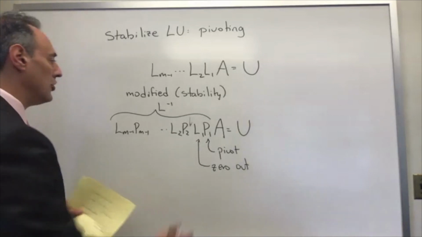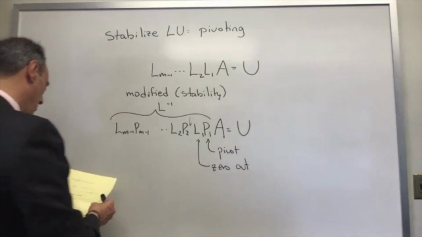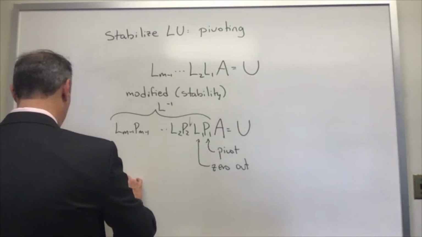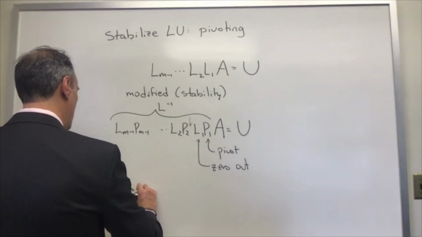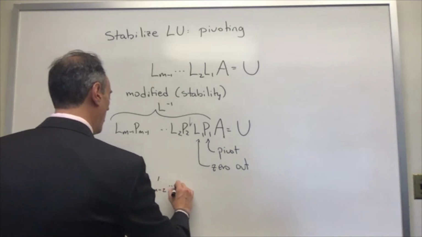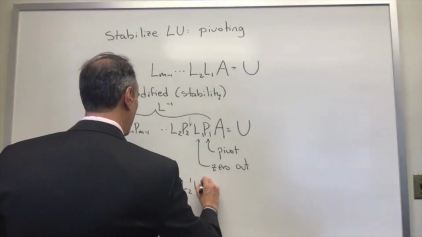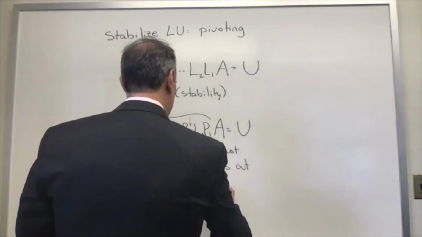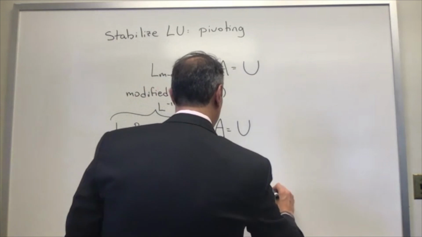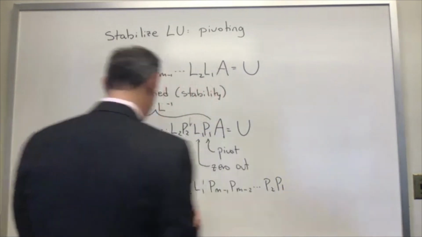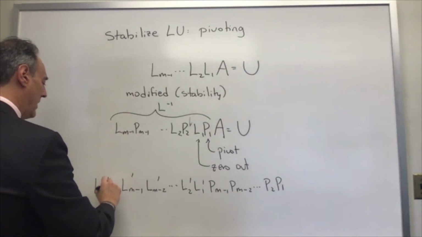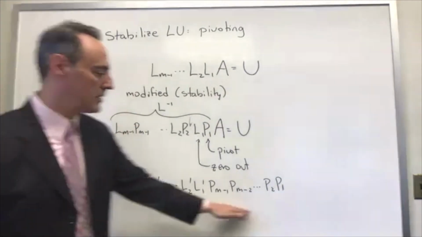In fact, you can rewrite this, and like I said, I won't work out the algebra for it, but this is going to be rewritten as a product of the following form: L minus 1 prime, L minus 2 prime, all the way to L2 prime, L1 prime, times Pm minus 1, Pm minus 2, P2, P1. So this L minus 1 can be written as this product here.